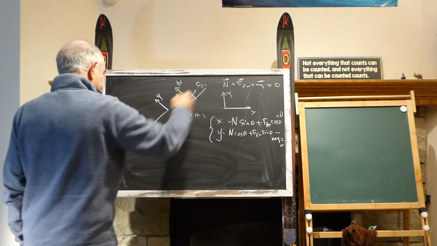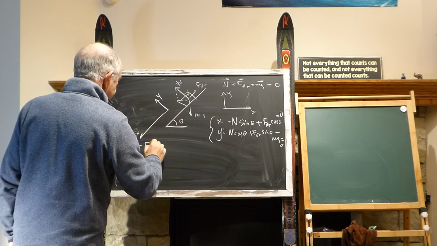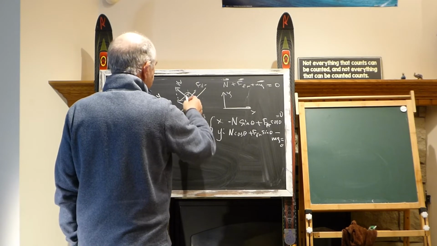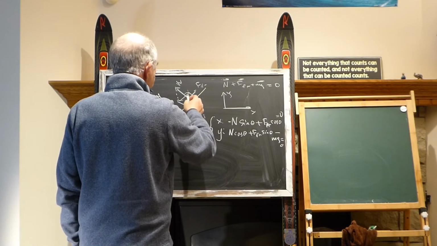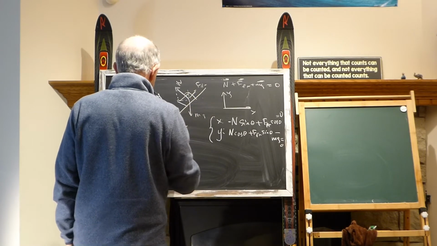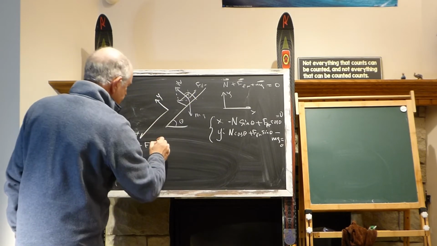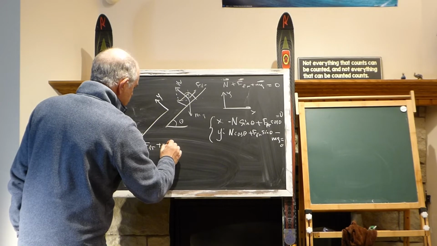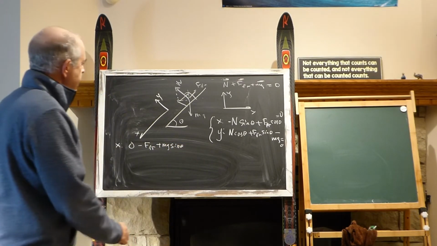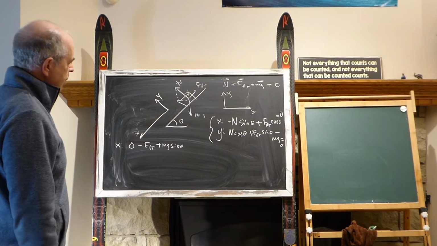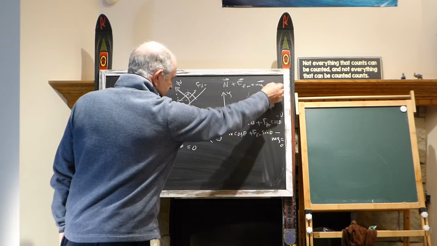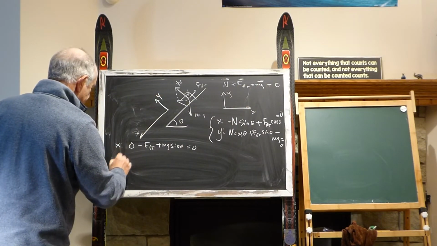F friction is going straight back, minus F friction. And then mg, this is theta, that means this is theta, then mg will be positive, plus mg sine theta, if I'm not mistaken, and I don't think I am. And this should equal 0.